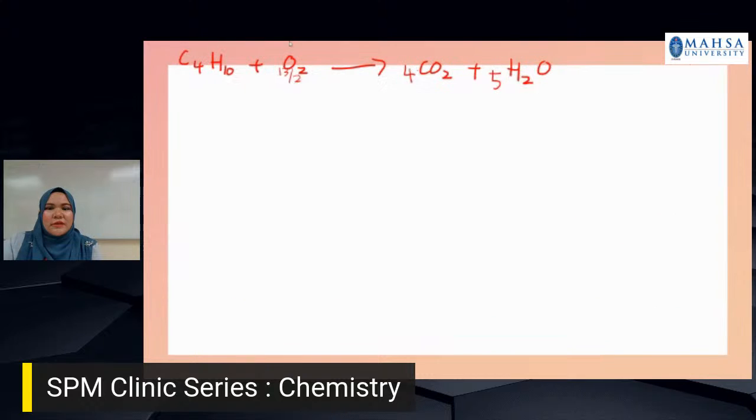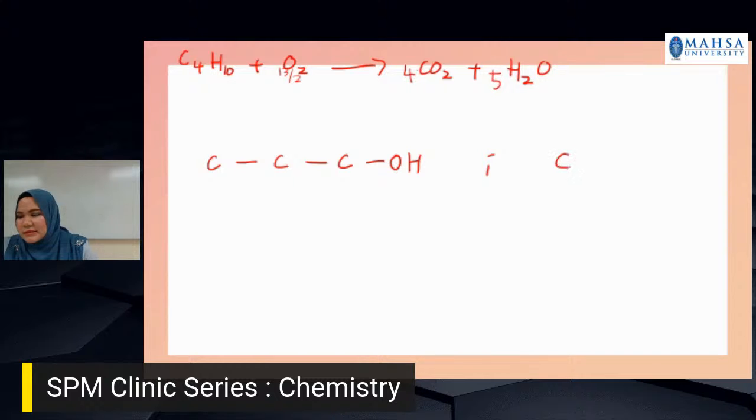Okay, so here you can see it will be C, C, C, O, H. And then the second one is C, C, C, O, H. So you can see the difference. Here will be carbon number 1, carbon number 2, and carbon number 3.